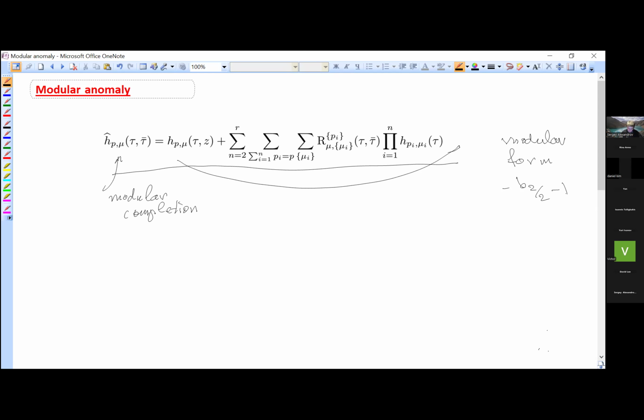So that's the claim, the big claim, the main message. The physics allows you to derive the modular properties, and the modular properties are encoded in this expression for the modular completion.